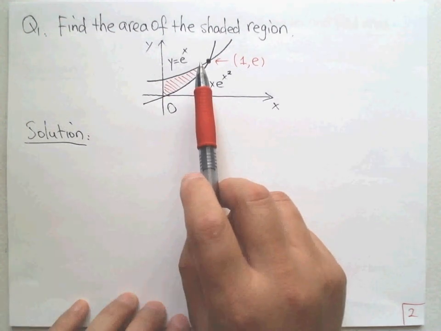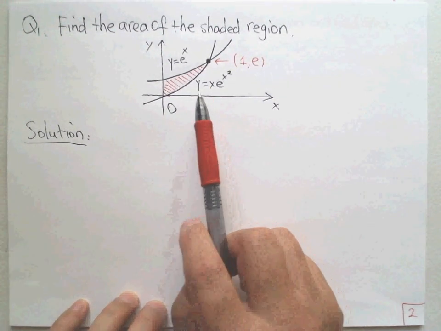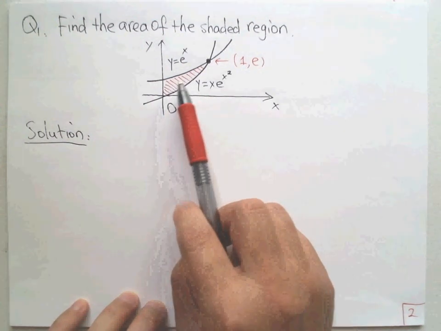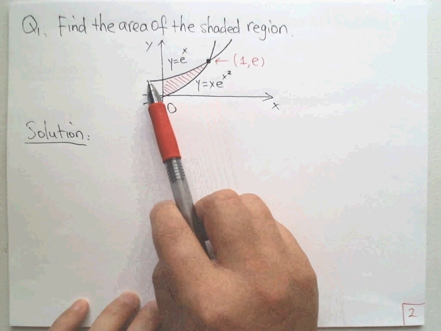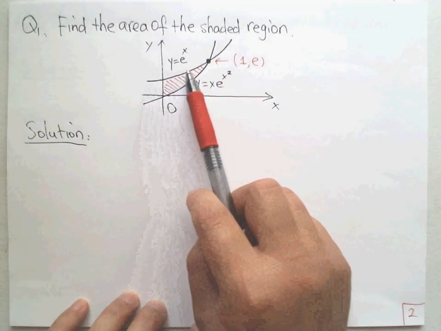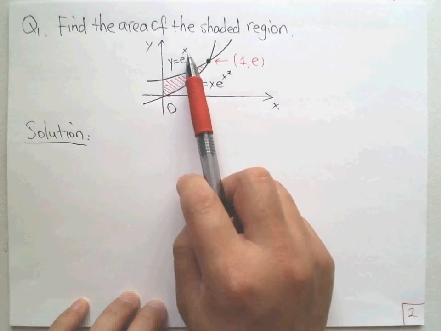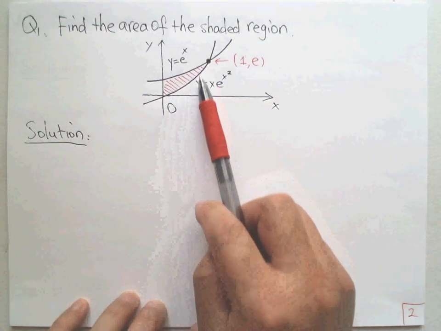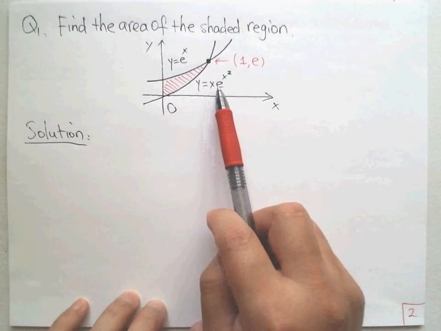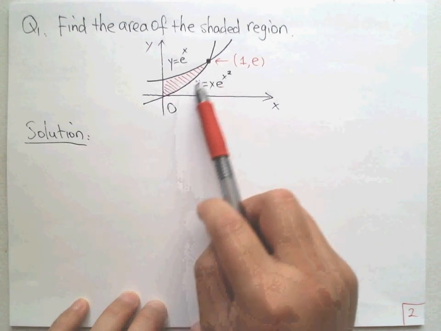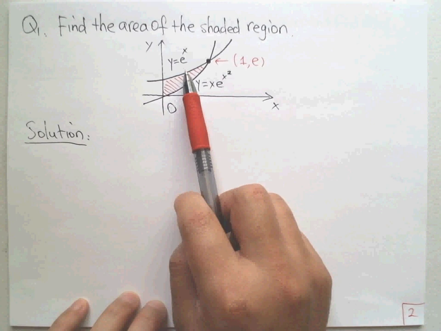Suppose the graph is already here. You know the graph, and from this graph there are two curves, right? The top is y equals e raised to the x power. The bottom is y equals x times e raised to x squared. These are the two types of functions. So we know the top and we know the bottom.